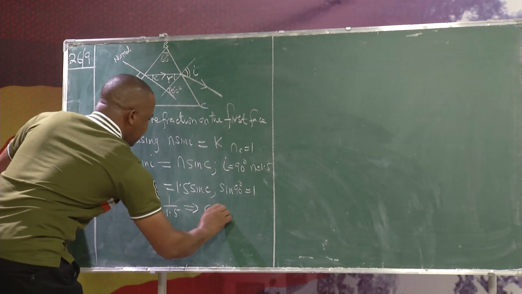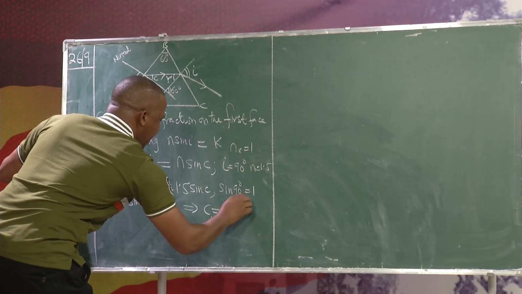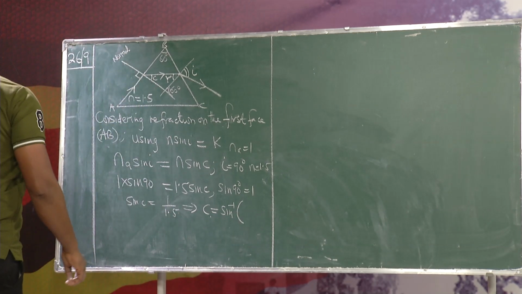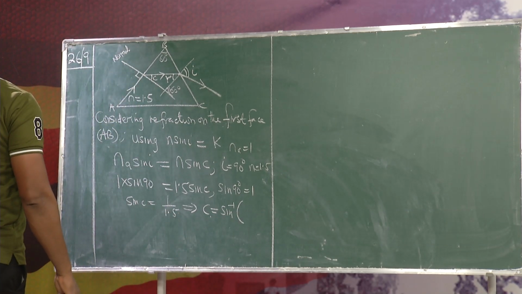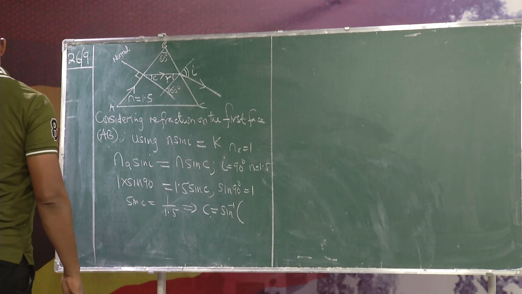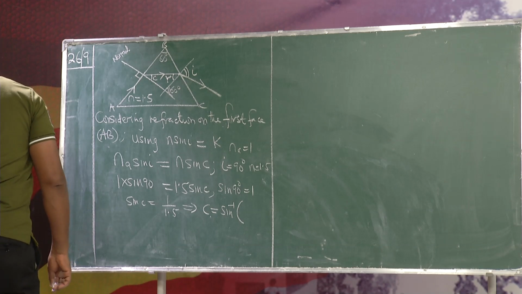And from here, C would be the arcsine of 1 out of 1.5, which is the same as 0.6 recurring.